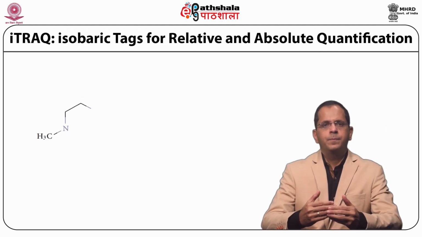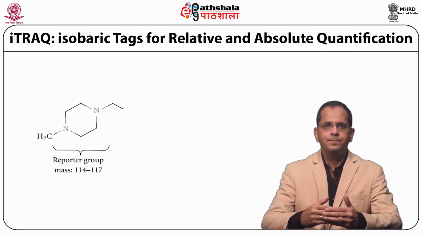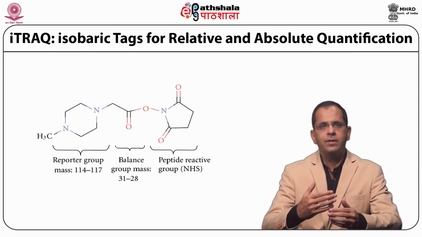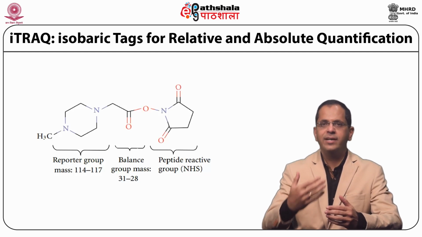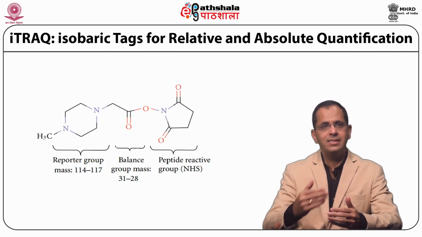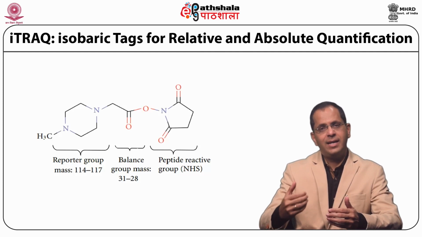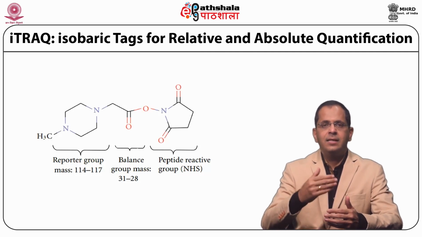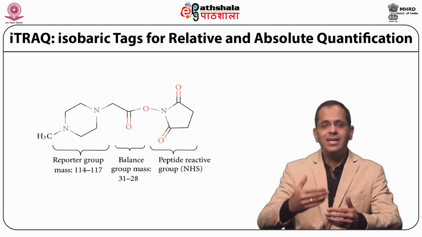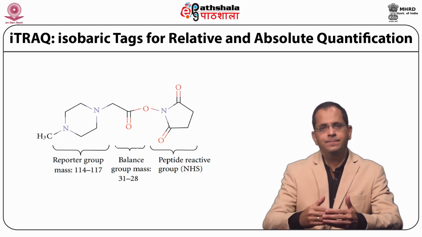Now we come to the concept of iTRAQ. iTRAQ refers to isobaric tags for relative and absolute quantification. It comprises an amine-specific reactive group. This tags to the primary amine group of lysines. The reporter group has different isotopic composition with a 1 Dalton mass shift.